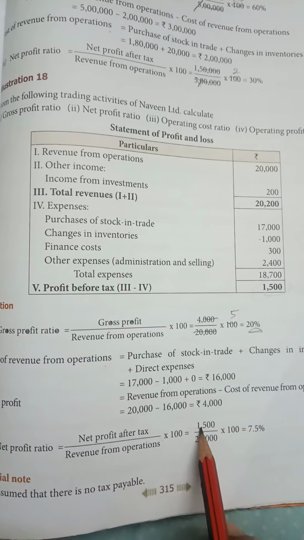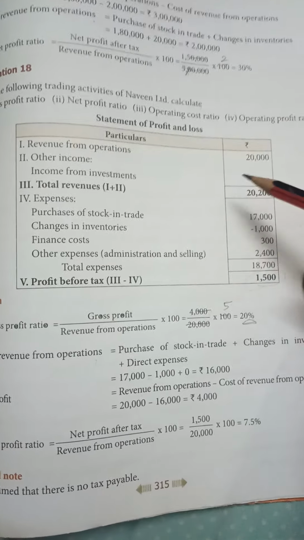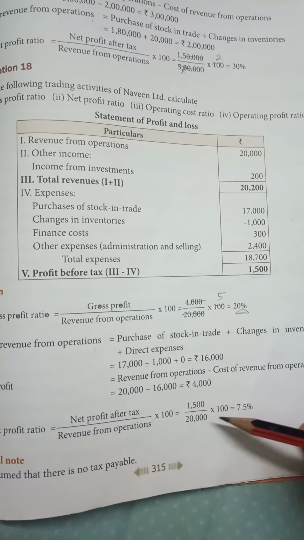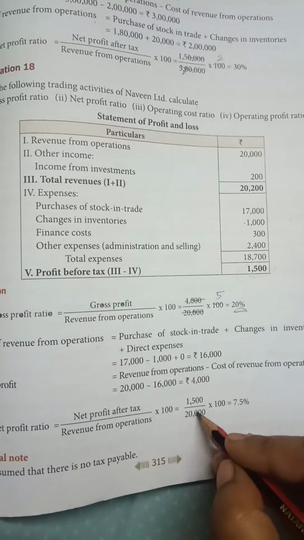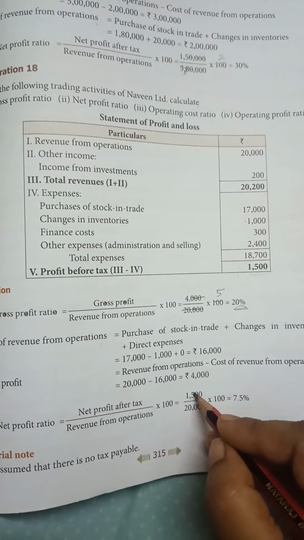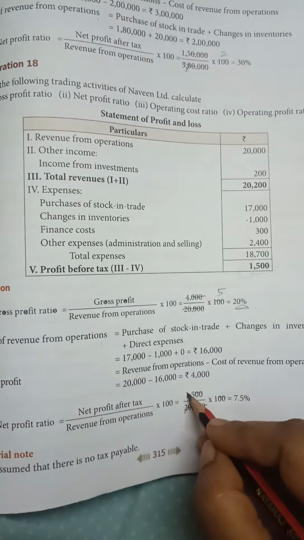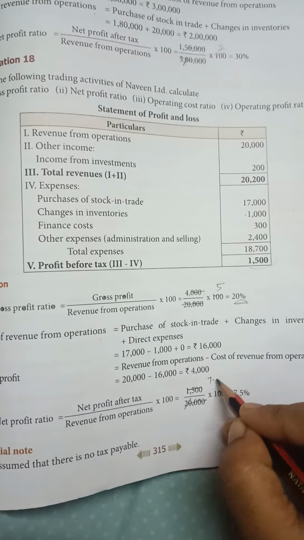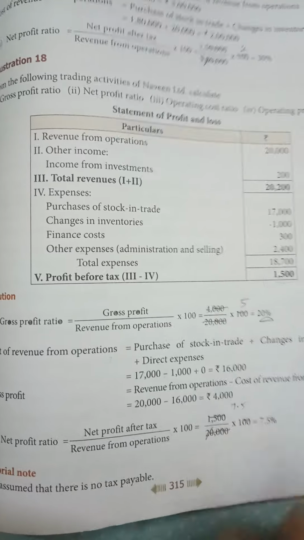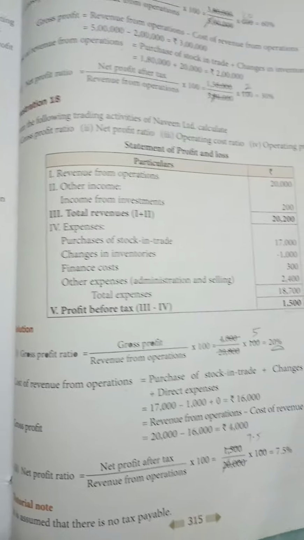So 1,500 divided by revenue from operations 20,000 into 100. Again cancel these values. 2 into 7.5 is 15, so you get 7.5 percent.